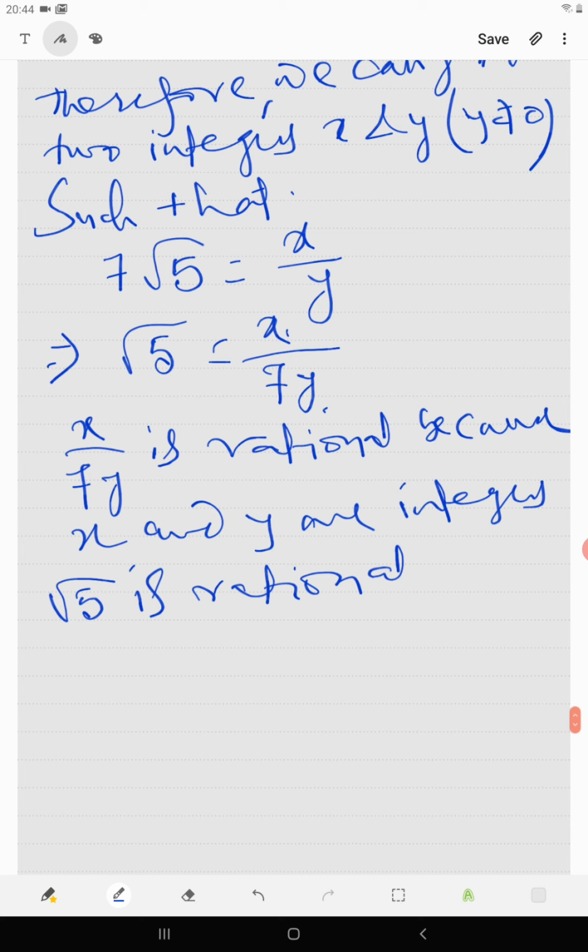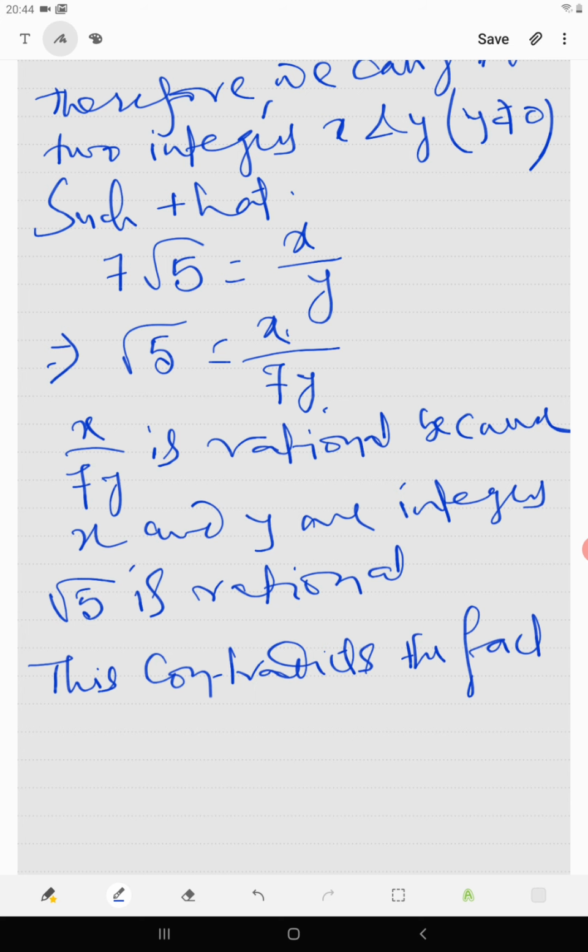So this contradicts the fact that root 5 is irrational. So it contradicts the fact that root 5 is irrational.